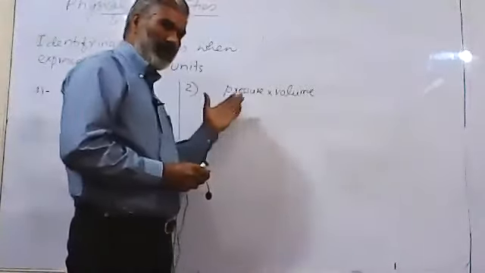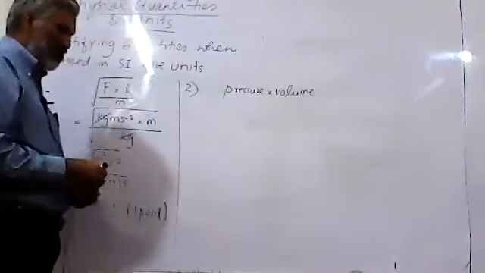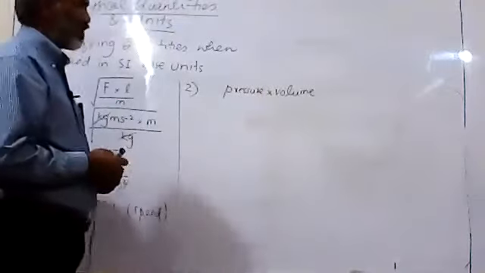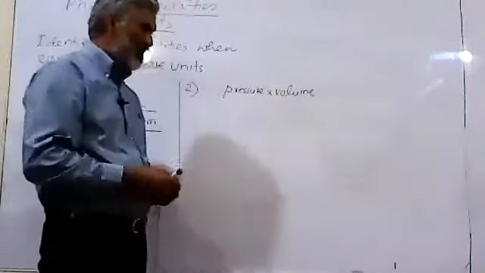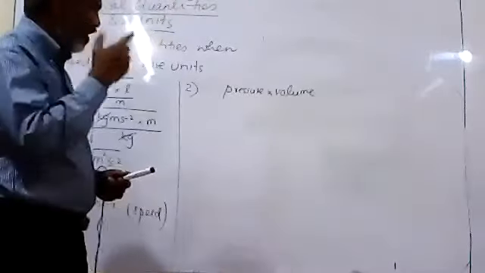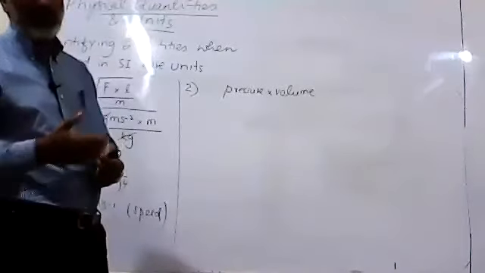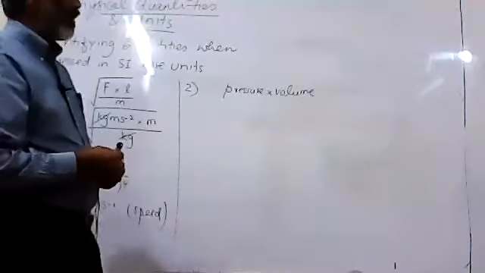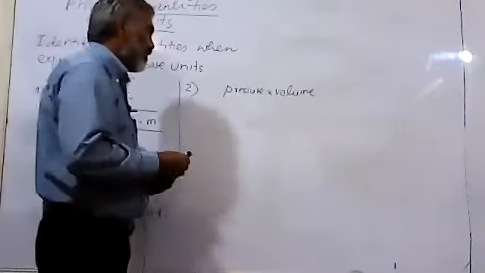When pressure is multiplied to volume, what quantity do we get? Maybe there are students who have come across a few questions in the previous classes, and they can recall that pressure when multiplied to volume is this quantity. But if they have not done that, it's not easy.